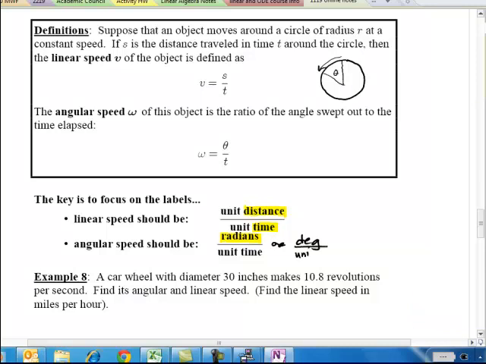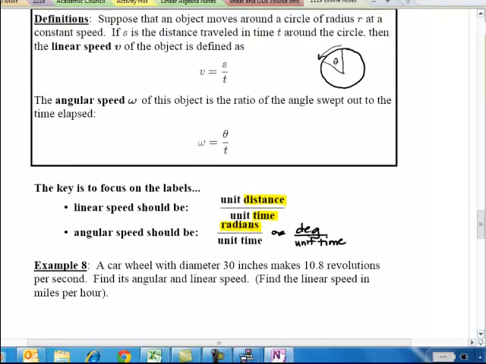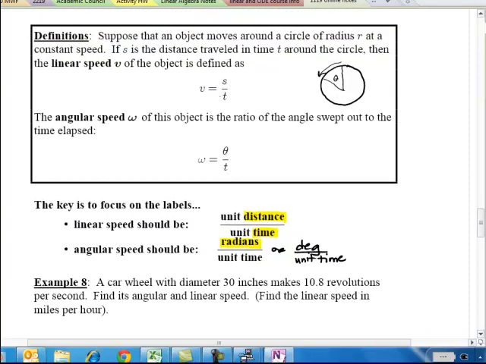Usually it's in radians, but if the problem is specifying that they want degrees, that's fine too, but an angle measure per unit of time. So I would recommend not focusing as much on these formulas as on what labels you want when you're done and what labels you're given.